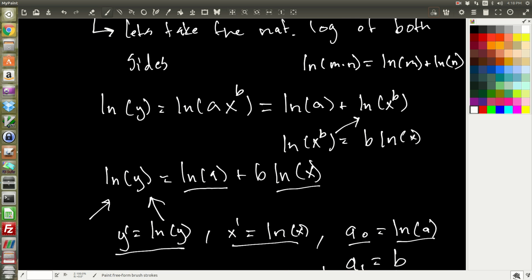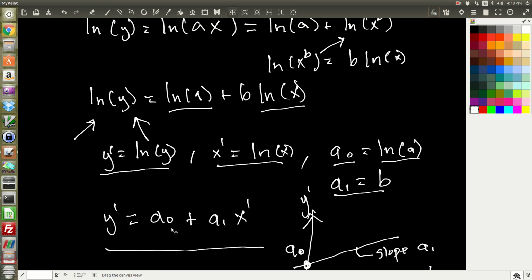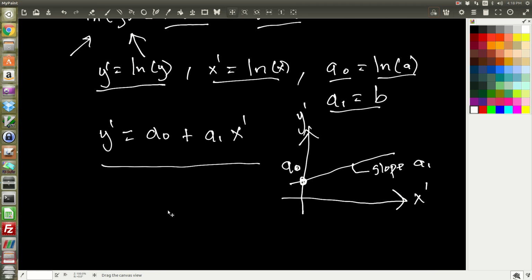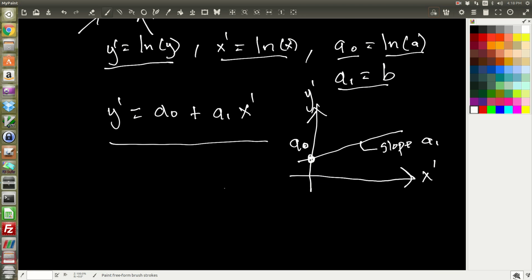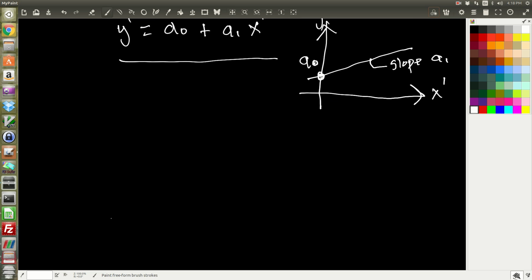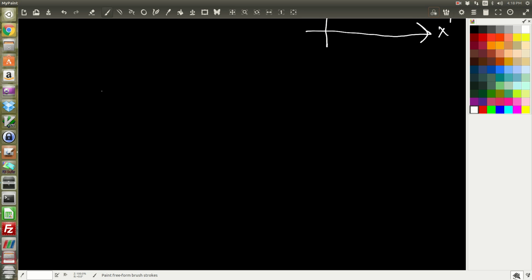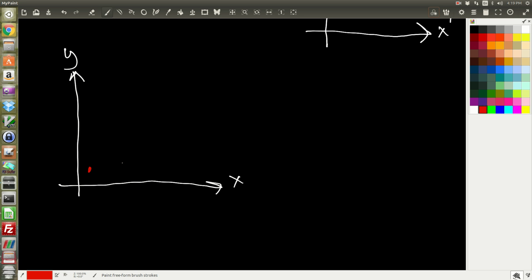So how is this useful in the curve fitting sense? Well, let's say I have some data, and it is like this.